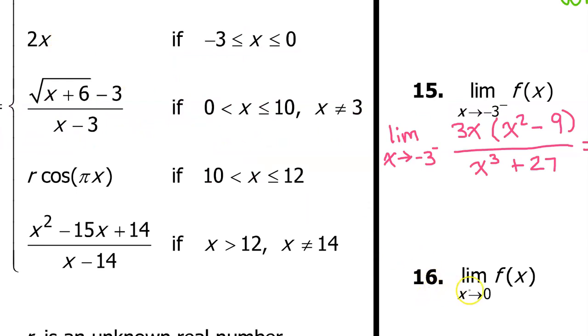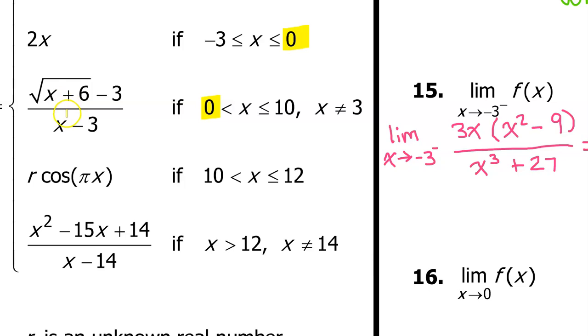For number 16, we are being asked to find the limit as x approaches 0. So how do I know which piece of the piecewise function will apply? I see a 0 involved in the domain of this piece, but I also see 0 involved in the domain of this piece. So which piece applies? Trick question.